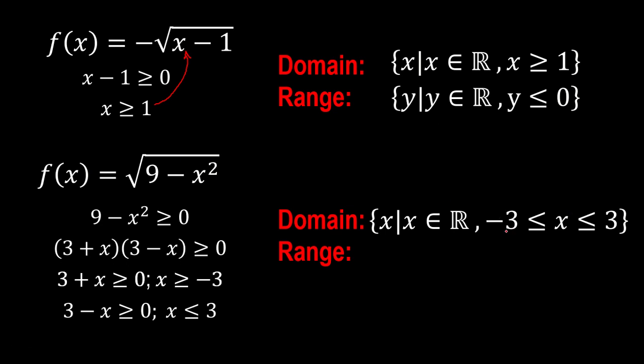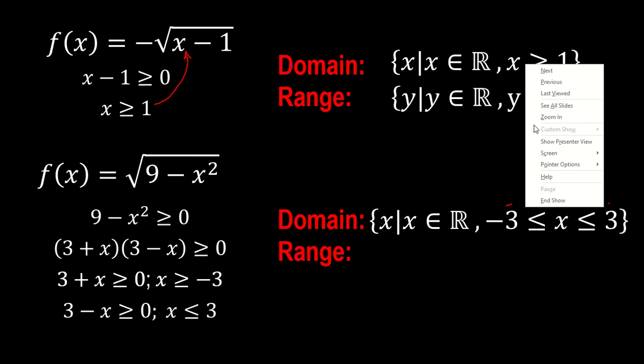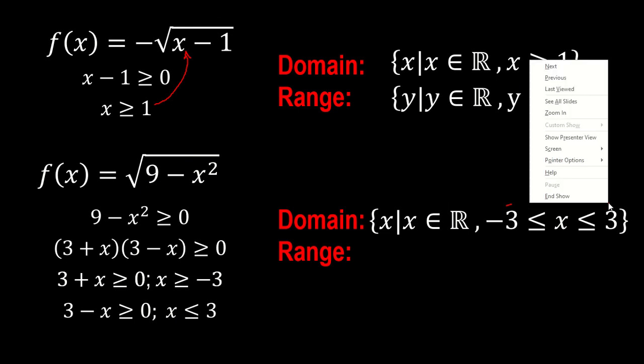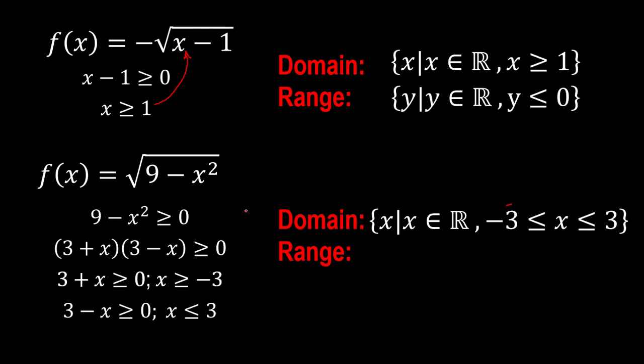Now let's identify the range by substituting the minimum and the maximum values, negative 3 and 3. Given x equal to negative 3, we have negative 3 squared, which is 9.